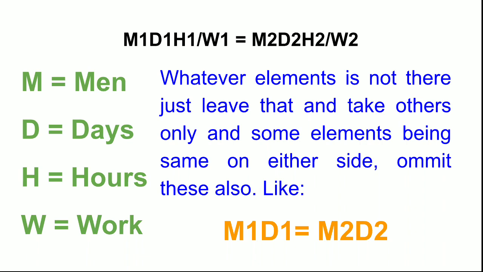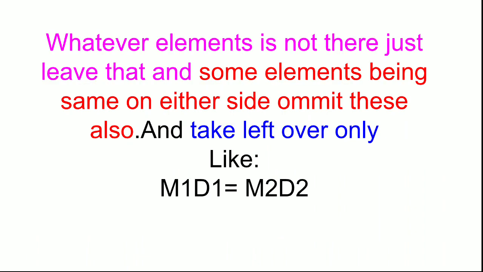So whatever element is not there, just leave that and take others only, and some elements being same on either side, omit these also. Means in the MDH, if H is not mentioned, we will take MD, M1 D1 equal to M2 D2. We can see here, like we have not written M1 D1 upon W1 equal to M2 D2 by W2.